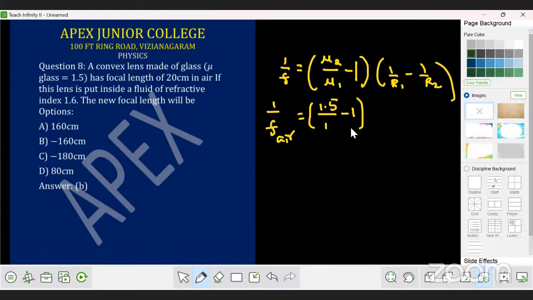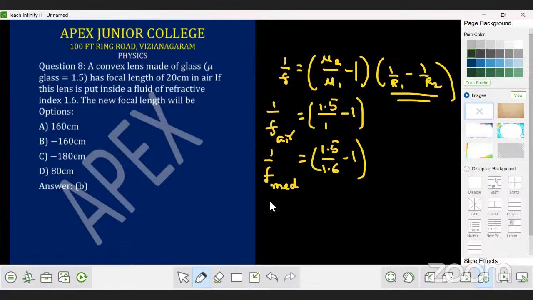Air and other medium. So when you write the ratio, definitely these factors will be cancelled. So I don't write it again. Now, in case of the given medium, what is that? Glass refractive index by surrounding medium refractive index minus 1.